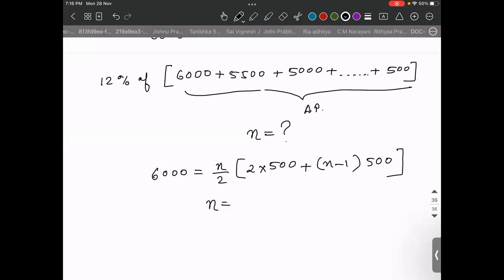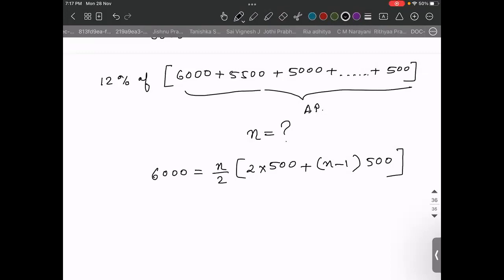N is equal to how much, Nitin? So 12,000. This can't calculate N. 1,000 plus N minus 1,000 minus 500 is 500 plus N. How much, Nidhi?